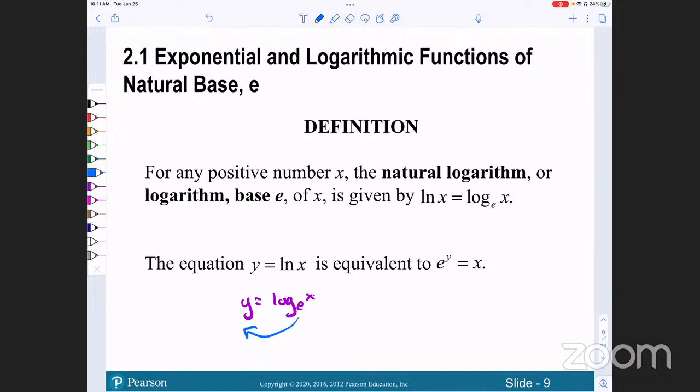So if that base e swings over and becomes the base of our exponent, now we're going to have e to the power of y equals x. And you can see it here. We can write all exponentials as logs, basically, if you just swing the base. That comes out of the discussion of inverses.